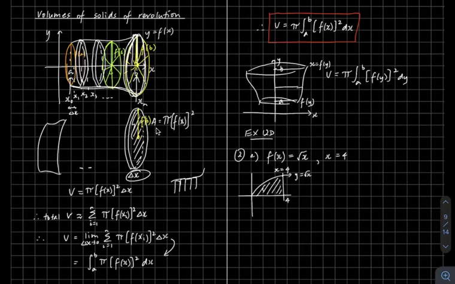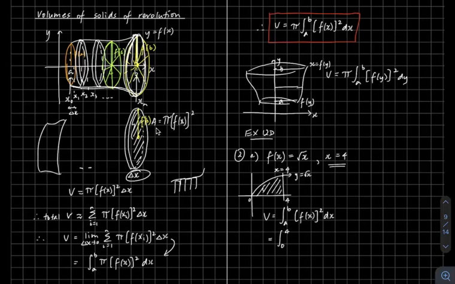So our rule is volume equals pi times the integral from a to b, that's the domain of the curve we're rotating, of f of x squared, and since we're rotating around the x-axis, with respect to x. Really the x equals 4 just gives us the upper bound of the integral, doesn't it? So we're going from 0 to 4.